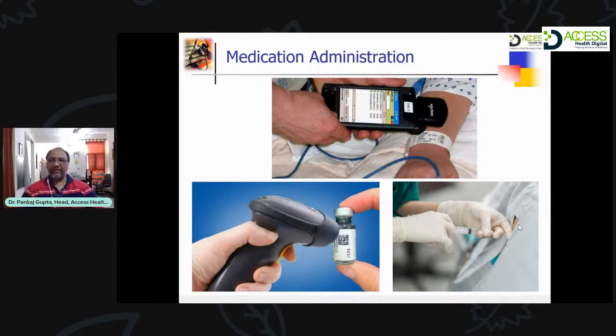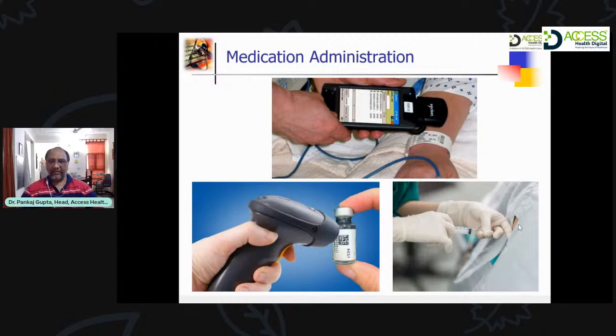Next stage is medicine administration, when the nurse goes to the patient and scans the barcode on the patient's wrist and makes sure that that information is captured, and then scans the drug itself, either a QR code or a barcode that was put onto the drug that was dispensed.